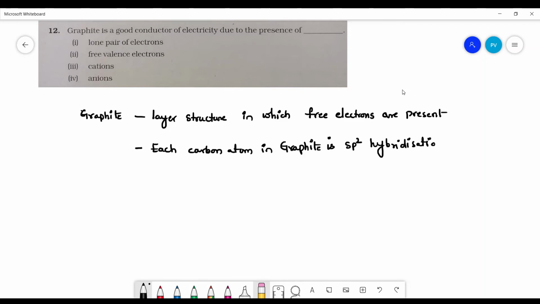So one free electron is present between the layers. Free electrons are present between the layers. So those electrons are responsible for the conduction. So the answer is free valency electrons.